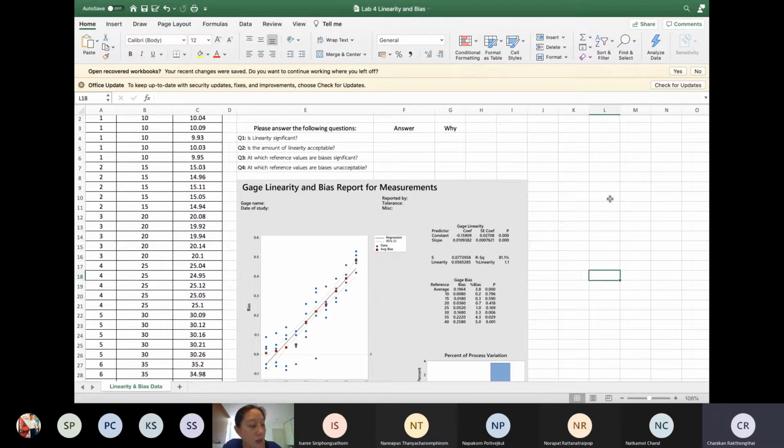Nobody answers? I'll call on someone. R square is not a direct indicator. So which is the direct indicator to judge linearity significance?